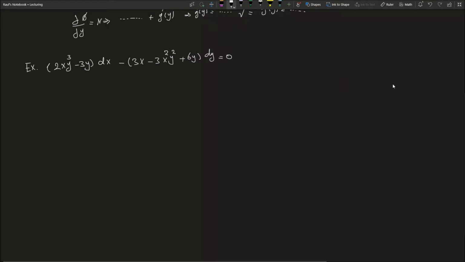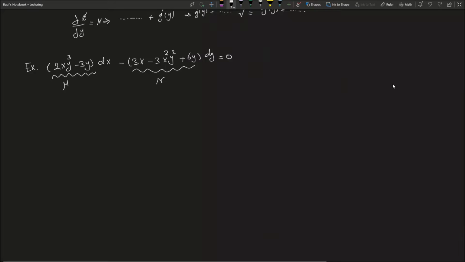Now first we want to identify the functions mu and nu. In this case, mu is the function related to dx and nu is the function related to dy.